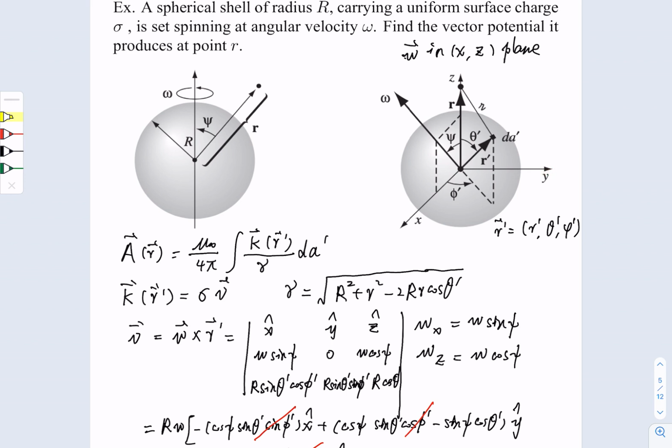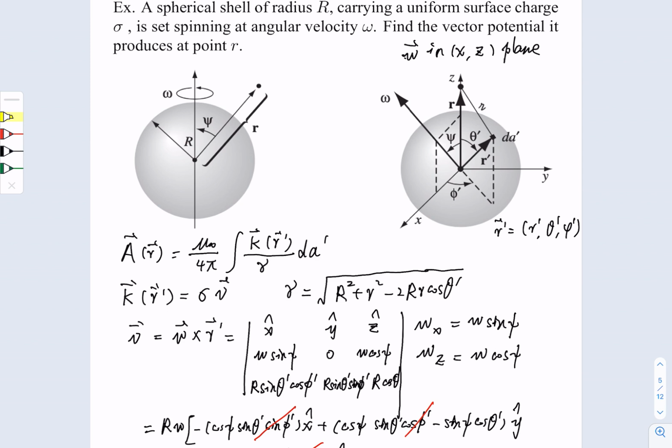Now let's try to write this A field in terms of a coordinate-free expression. This A field is perpendicular to the direction of the omega rotation direction and the r direction.